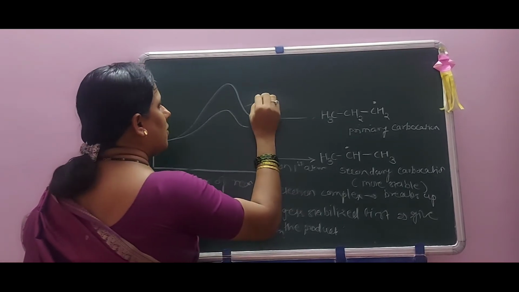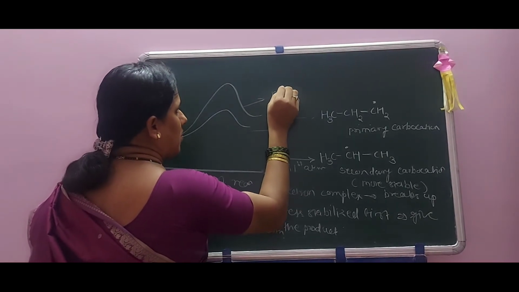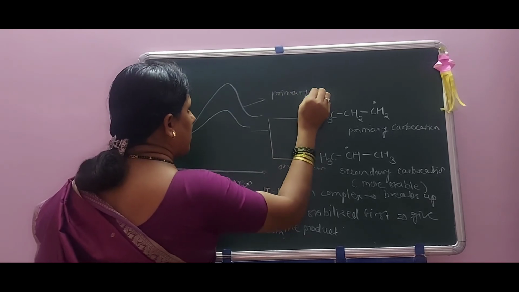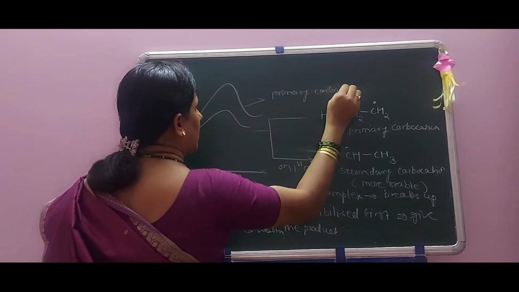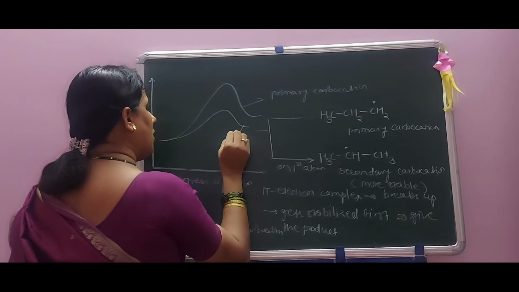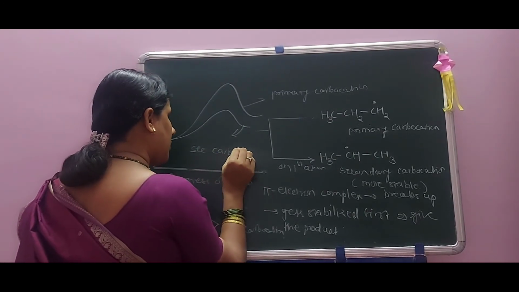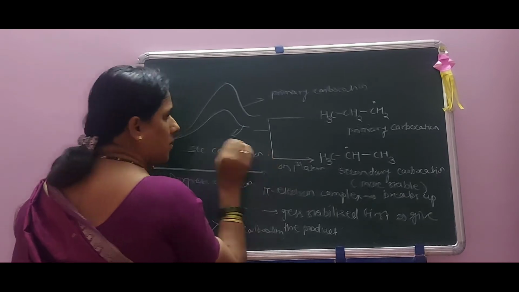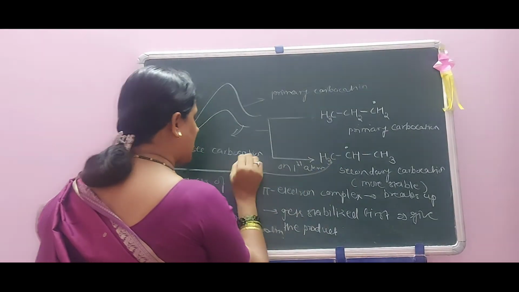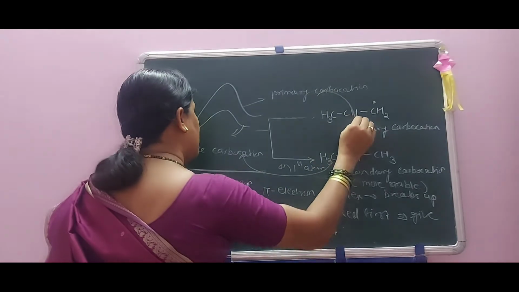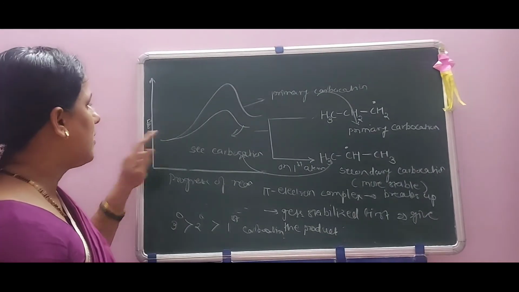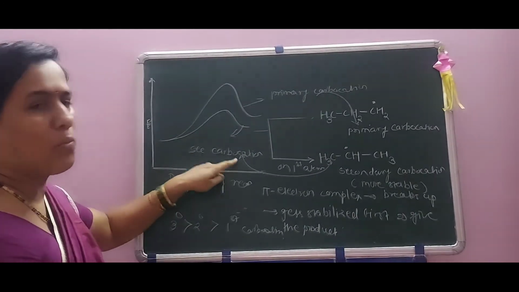This is for the primary carbocation, and this is for the secondary carbocation. Therefore, which carbocation is more stable? The secondary carbocation.